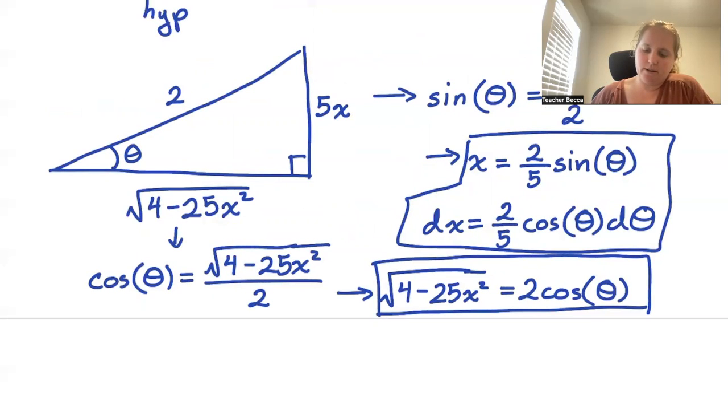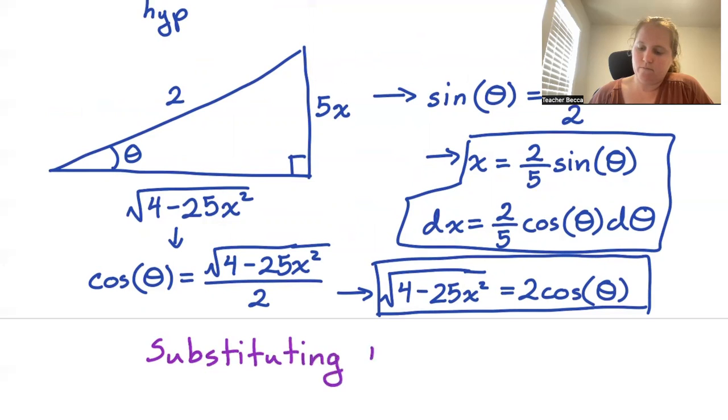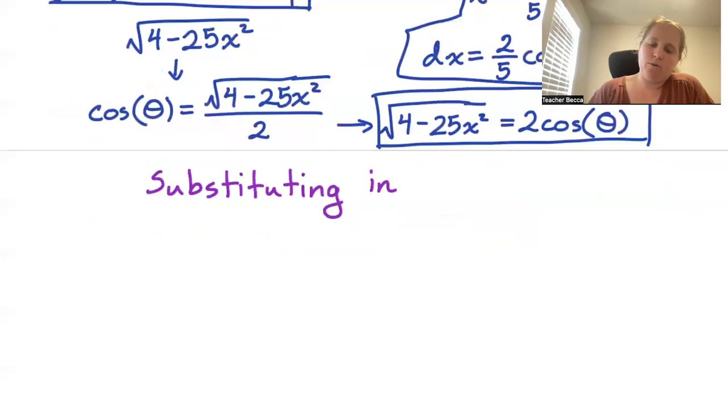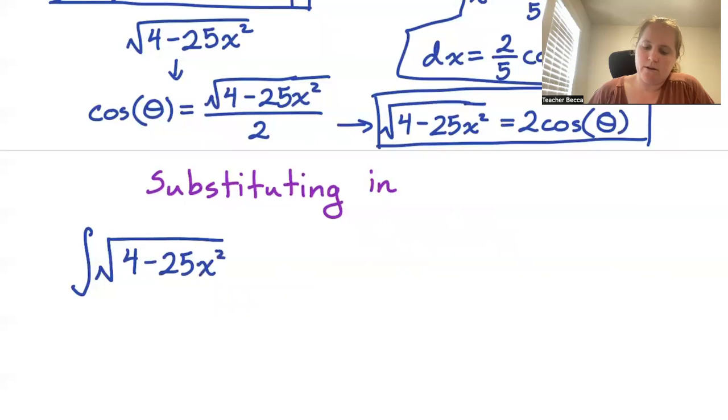So substituting in, we have the integral of the square root of 4 minus 25x squared dx is equal to the integral of that square root 4 minus 25x squared.